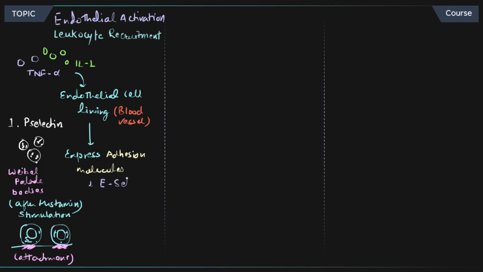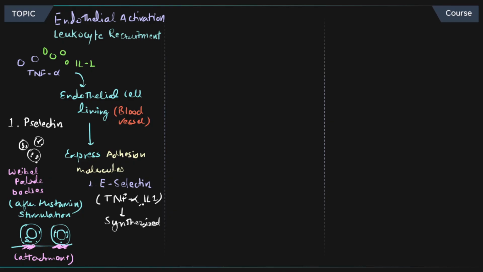And the second one is E-selectin. In the presence of TNF-α and IL-1, E-selectin is going to get synthesized, and this is going to help in rolling interaction.